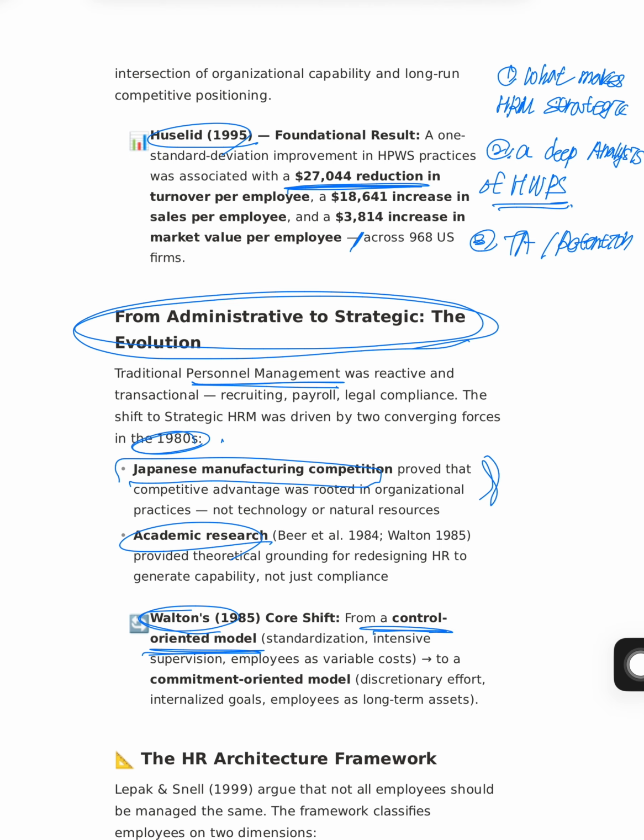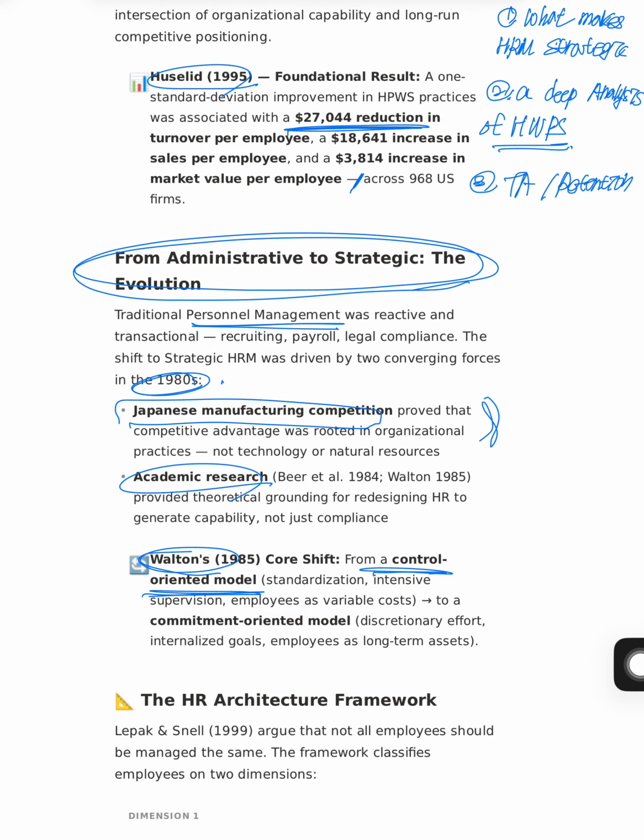Supervision was replaced by internalized goals and mutual trust, and employees were treated as long-term assets whose development created sustained competitive value. So this conceptual shift is the intellectual foundation of everything we will examine today.